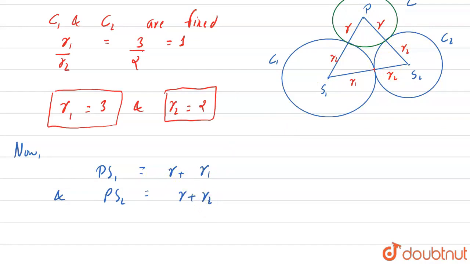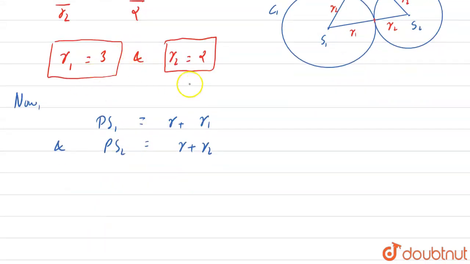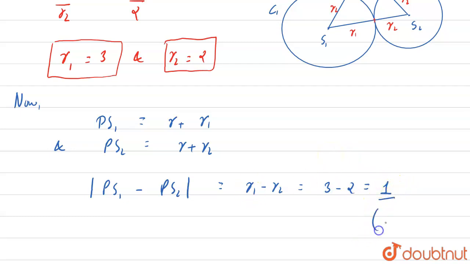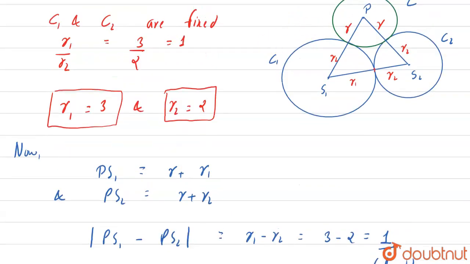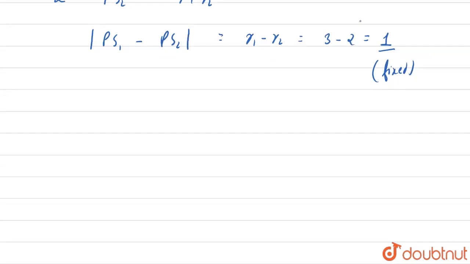Now for the locus of P, if we subtract PS2 from PS1, we write the modulus of PS1 minus PS2. This will give R1 minus R2, so this is 3 minus 2, which equals 1. You can see this comes to be 1, and it is a fixed value. Now since it is a fixed value, you know that P will be on a hyperbola, because this is the condition of a hyperbola.